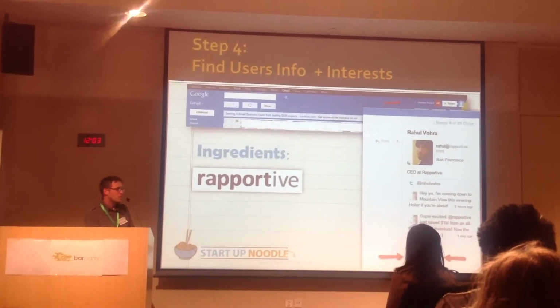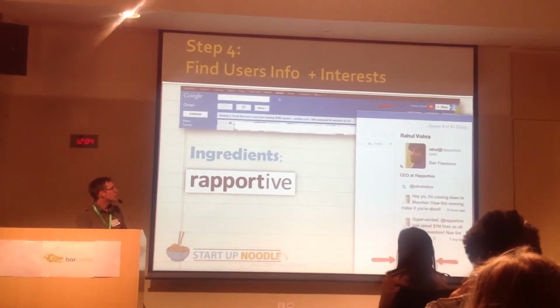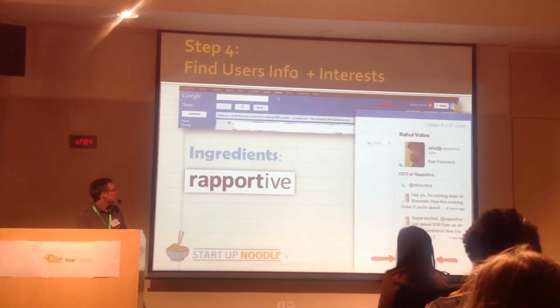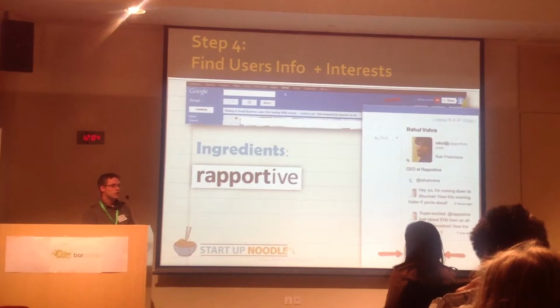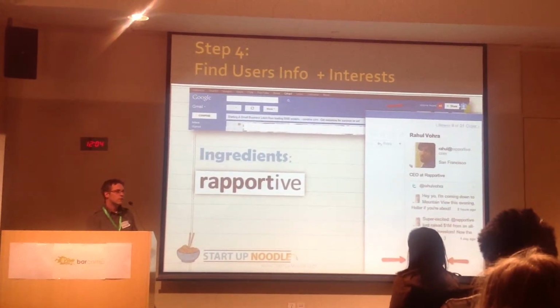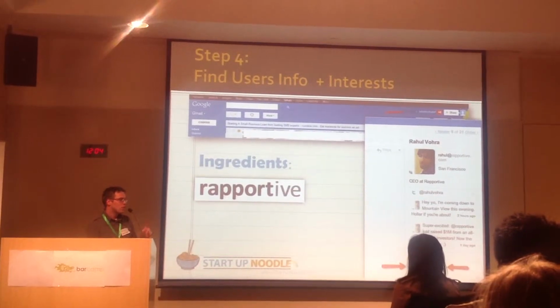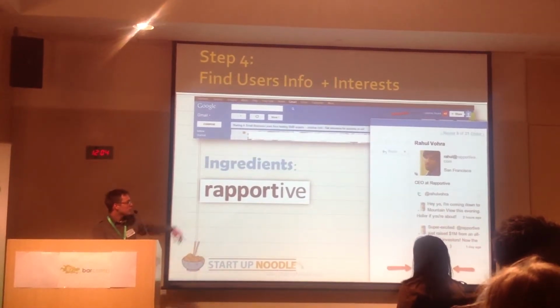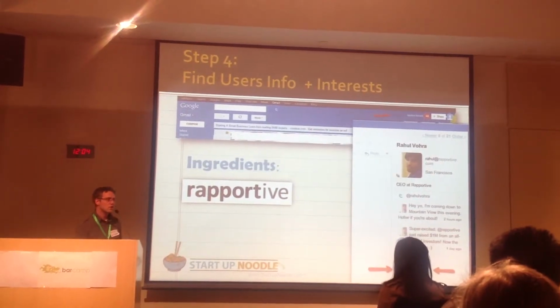Now, here is, in my opinion, where most of the magic happens. I don't know how many of you know this tool. This one is called Reportive. What it does is connect to your Gmail account. Whenever you've got an email of someone, you just put it in and hover with the mouse over it and you get all their social network information.